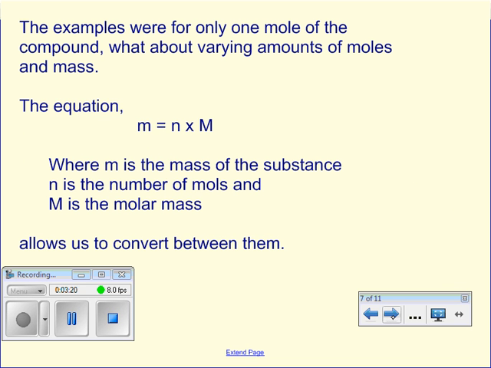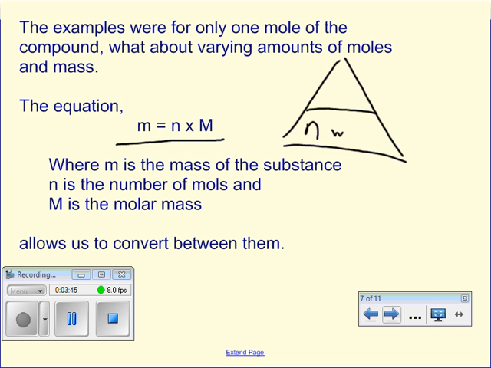So these examples are found with 1 mole of compound. If we vary the amounts of moles or mass, what can we do? Well, we can use this very basic equation. I've already shown you one triangle, and this leads to our second triangle. So we have our second triangle: number of moles times molar mass will give us the mass.